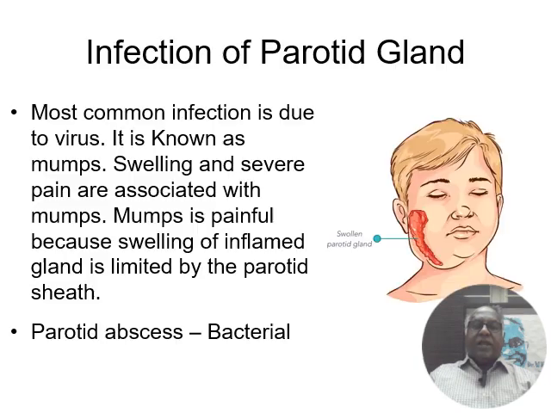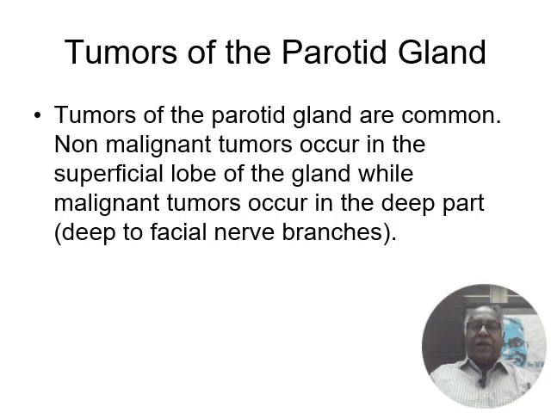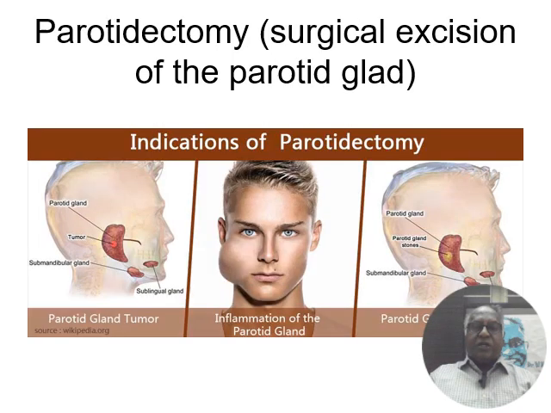Now, coming to the applied anatomy, infections of the parotid gland are common, called mumps, the viral infection, and the parotid abscess. When a bacterial infection happens, there is some pus formation in the parotid gland. Then the tumors of the parotid gland are also common, also in the duct. We can investigate through sialography.